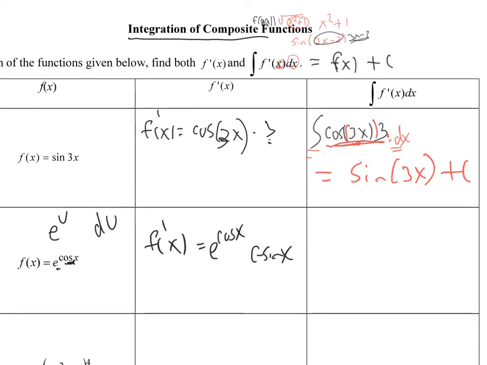That 3 needed to be next to the dx, because if you were to do the derivative of sine of u, the answer was cosine of u. Remember the derivative, cosine of u du, chain rule. The u du has to go together. That is why the 3 dx does not factor out. It goes away because it's part of my differential.